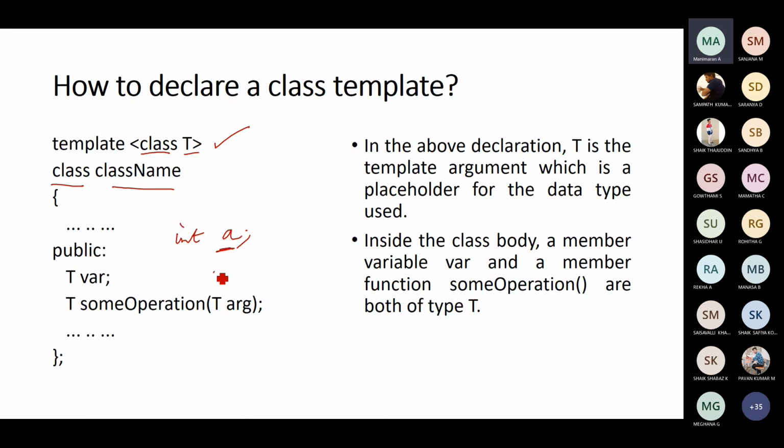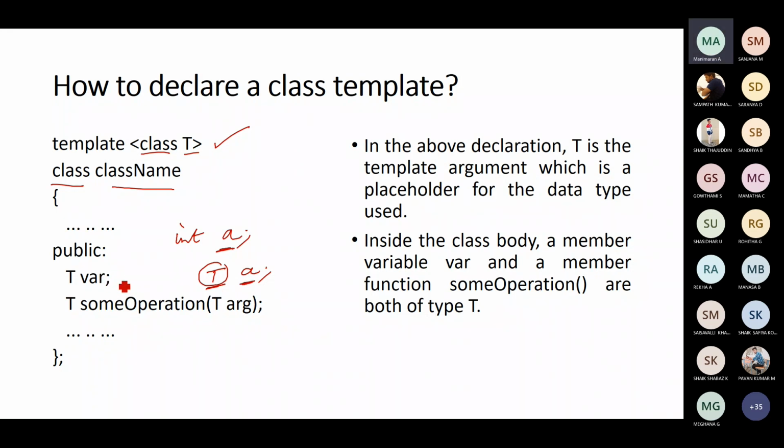Instead of that, now we are using T and then a. What is the meaning? a is the member variable which belongs to any data type. That is the meaning of T. T means template argument. If you are passing integer, then T will be replaced with integer. If you are passing float, then T will be replaced with float. If you are passing a character value, then T will be replaced with a character. That's it.